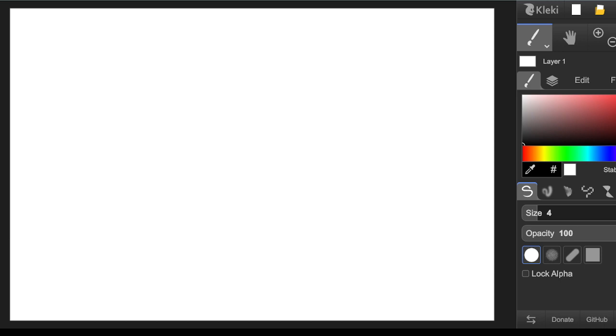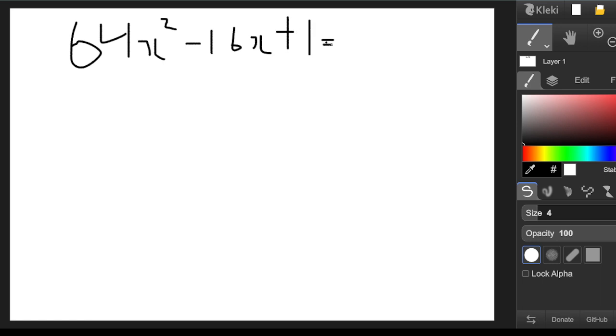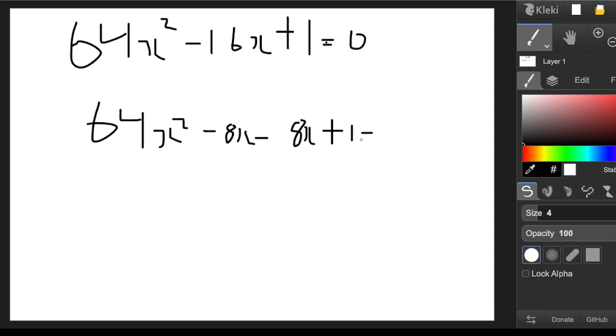Alright, so let's say we have 64x squared minus 16x plus 1 equals 0. And I'm like, okay, factors of 64. I know I can rewrite that as 64x squared minus 8x minus 8x plus 1 equals 0.